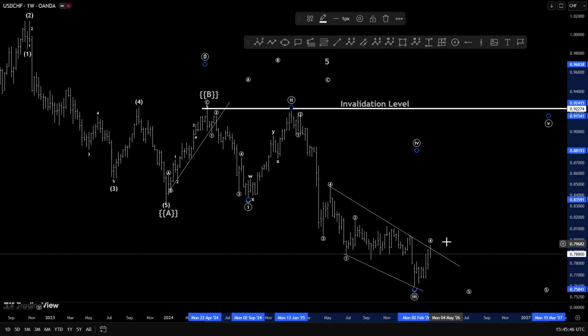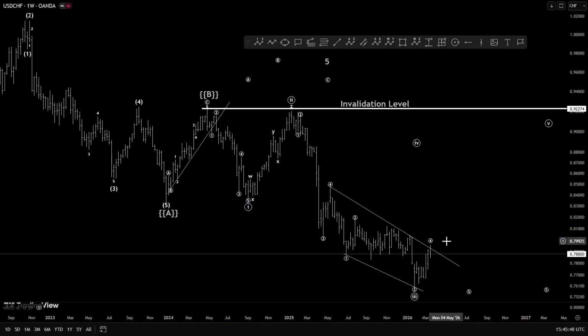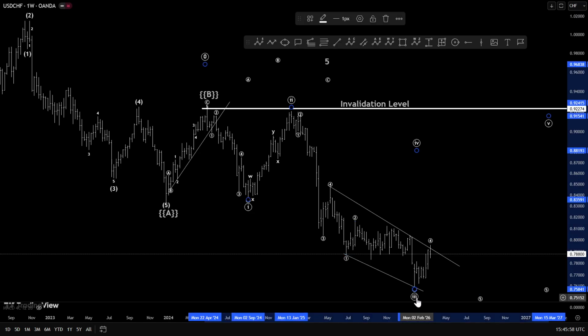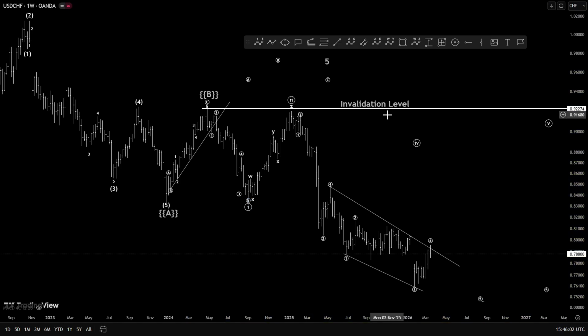Okay, which means this is 3, 4. Now we are going 1 with 5 to complete this wave 3, which means this sub wave 5 that we are currently doing, we're not quite done with it yet.